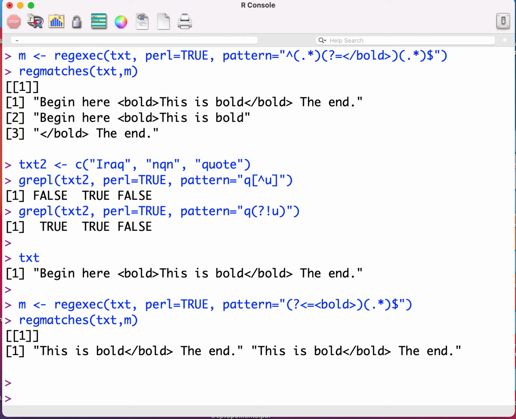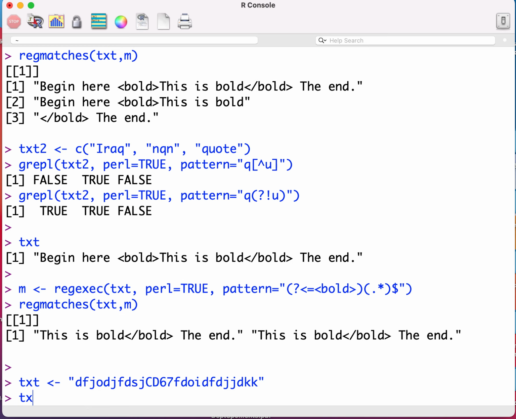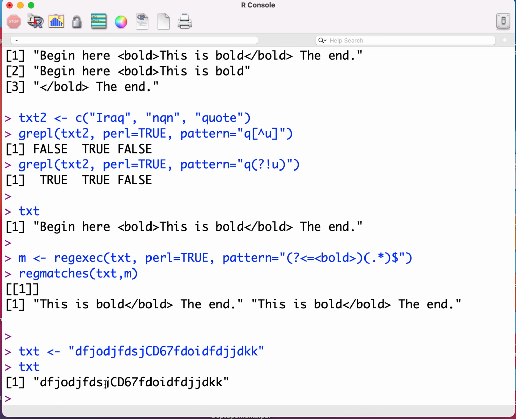I'll do another example. Let's say we had this example here. Now this could be a string, but it has a very specific tag in it, or label. That's a CD. I know it's always going to be capital C, capital D, followed by 2 numbers.